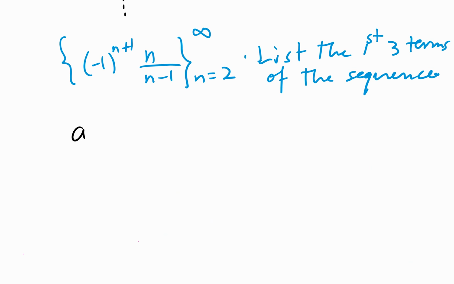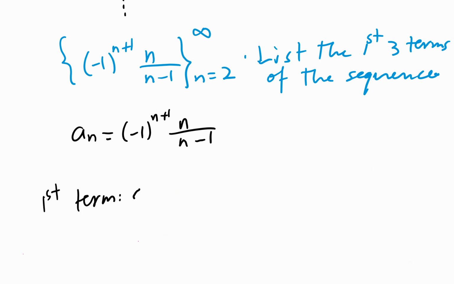This tells us that a sub n is negative 1 to the n plus 1 times n over n minus 1. Notice the first term here is a2, because n starts at 2. So you need to substitute n equals 2 to see what we get. We get negative 2.